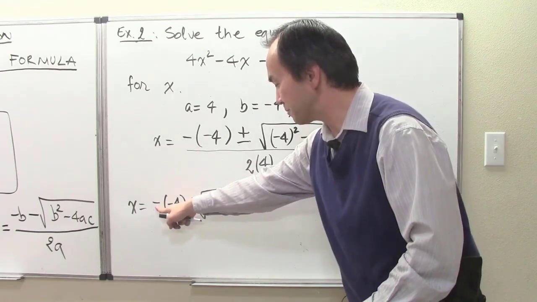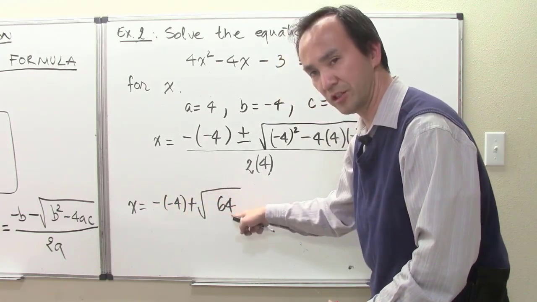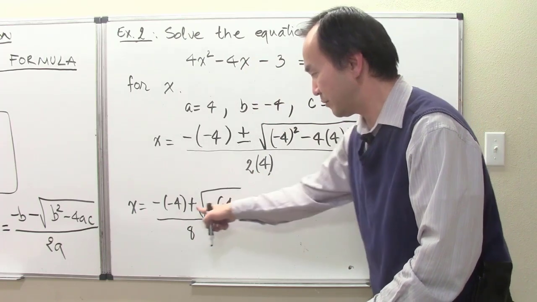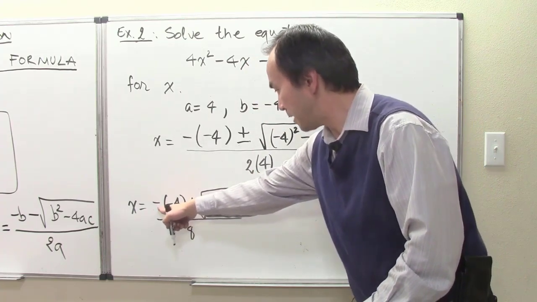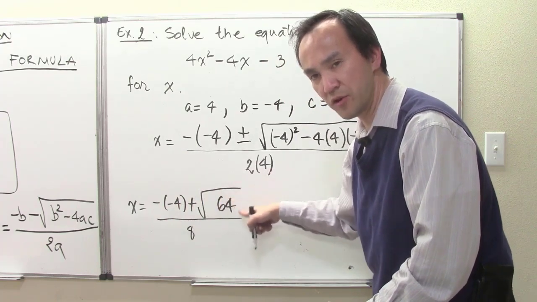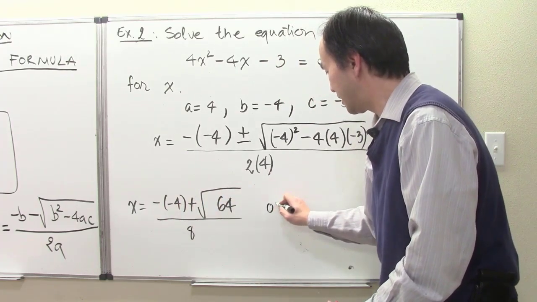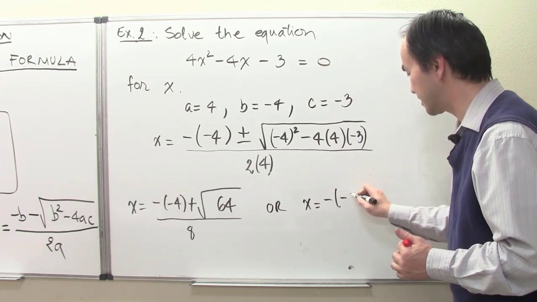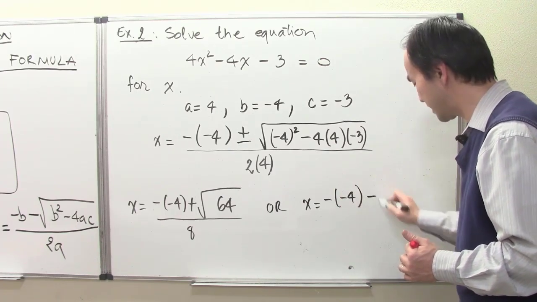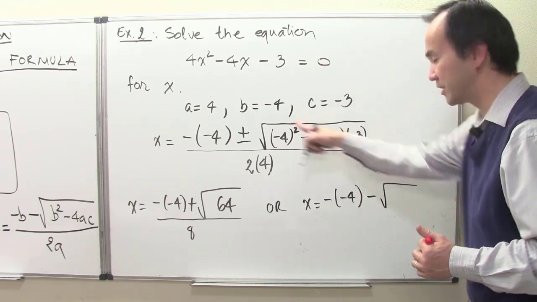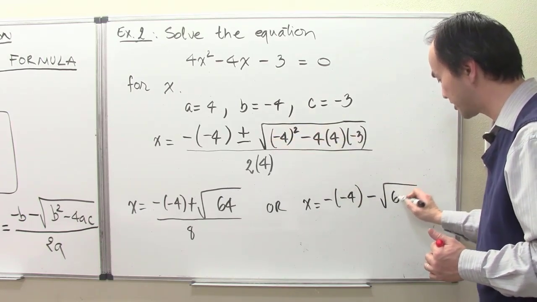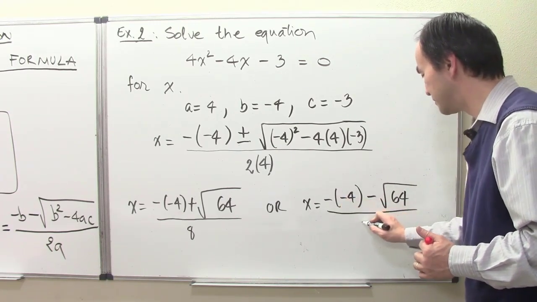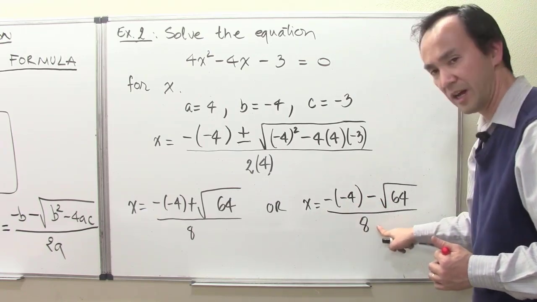So now we're reading minus negative 4 plus the square root of positive 64, divided by 8 because 2 times 4 is 8. Or, on the other hand, x can be found by minus negative 4, now subtracting the value of the square root expression, which is the square root of 64, all over 2 times 4, making it 8.